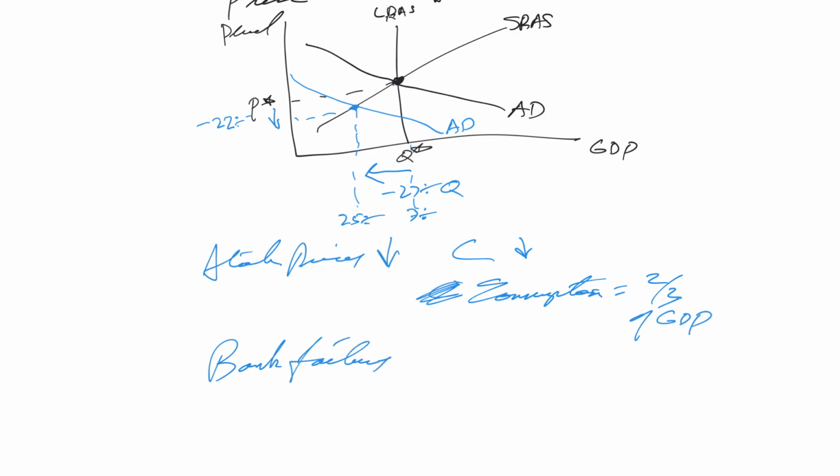With the bank failures, think back to multiple deposit creation. Depending on the multiplier, each dollar deposited in the bank will support a multiple of that in money supply. Now think of that in reverse. Everybody's panicking. Remember, back then we didn't have the FDIC. We didn't have insured deposits. Banks were just like other businesses, and they failed.